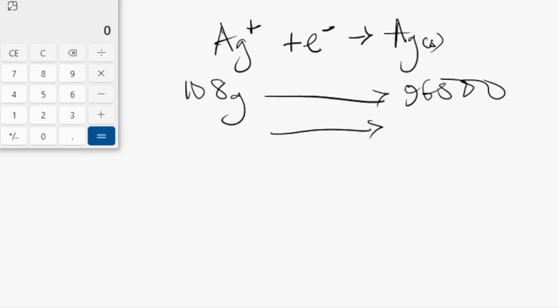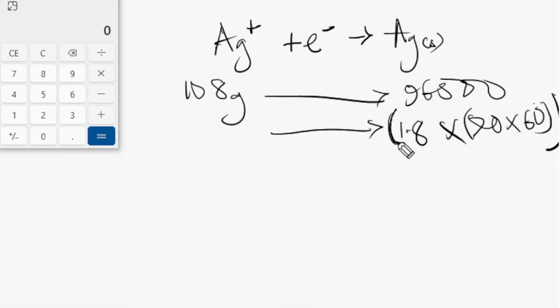So since it's this way, let's also say we are looking for the mass of silver here, right? So what mass of silver will now require the charge? So this charge is going to be 1.8 times the time. That's 90 minutes. 90 minutes is actually 90 times 60 seconds. So remember that this is the charge here for the farads, and then this is the calculated charge here.